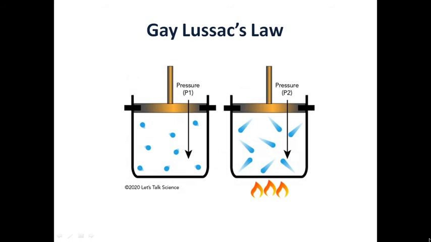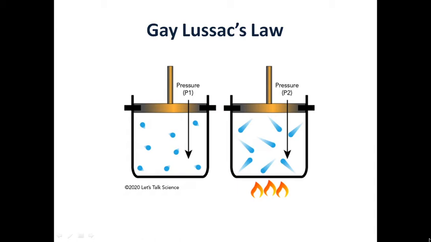Now see the images. This is the experimental verification. On both sides we have constant volume. We are not applying pistons which are movable, we are applying pistons which are non-movable here. In the left hand side we have pressure P1.